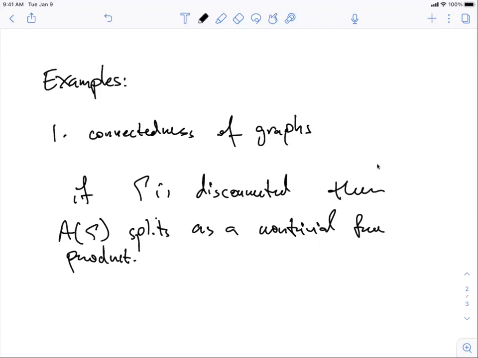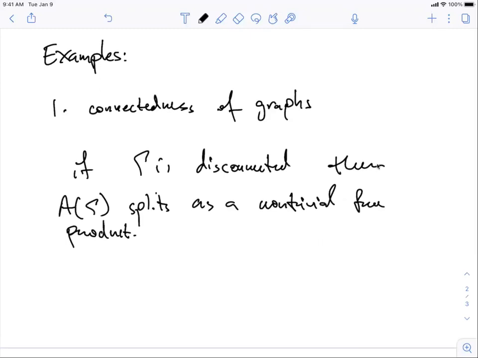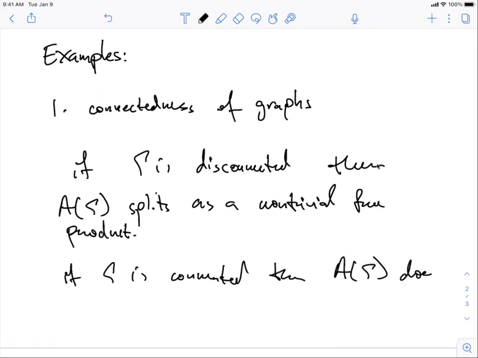So if gamma is connected, then A of gamma does not split as a non-trivial free product.